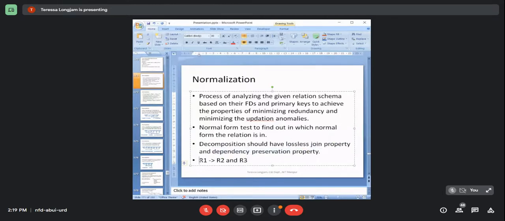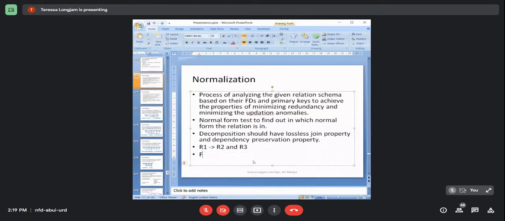Another property is dependency preservation. So if we have 3 functional dependencies in R1, say functional dependency number 1, functional dependency number 2, and functional dependency number 3, F1, F2, F3 are there in R1. Then these F1, F2, F3 should be in R2 and R3. Means in R2 we might find functional dependency F1.